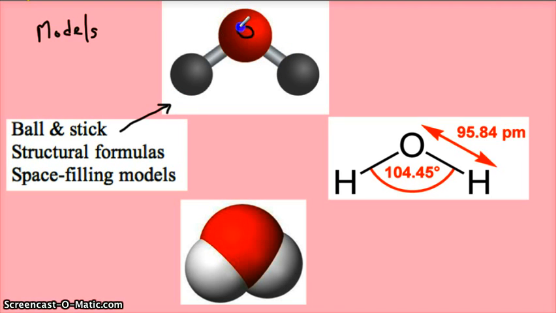You have the oxygen here, which is combined with the hydrogen and the hydrogen. These are actually measurable distances here. Now, I know we could just simply draw these, but you actually have distances here that are measurable and angles that are measurable.